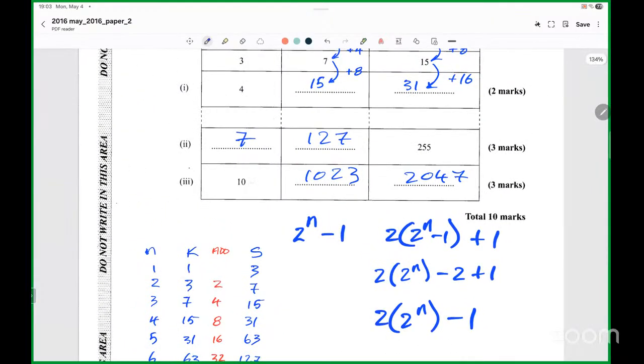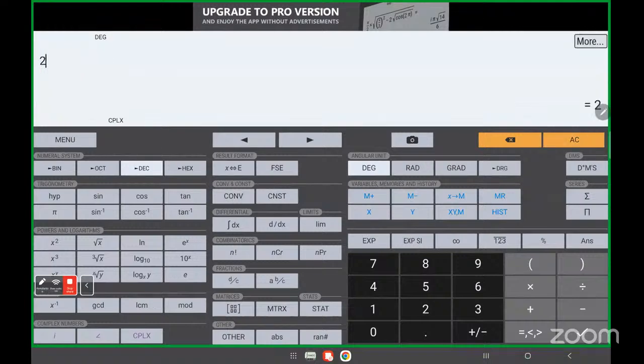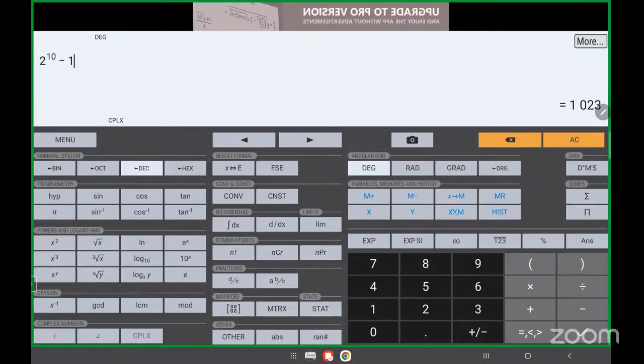So when this is 10, 2 to the power 10 minus 1. 2 to the power 10 minus 1. You get 1023.